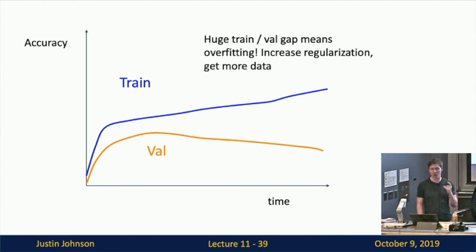But when you see this very large and increasing gap between train and val, that is a sign of overfitting. When you see a learning curve like this, you need to either increase your regularization strength, collect more training data, or maybe in some rare cases decrease the size or capacity of your model. But this is a characteristic shape of overfitting.